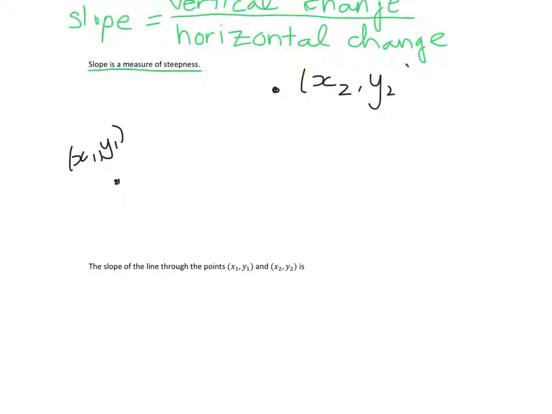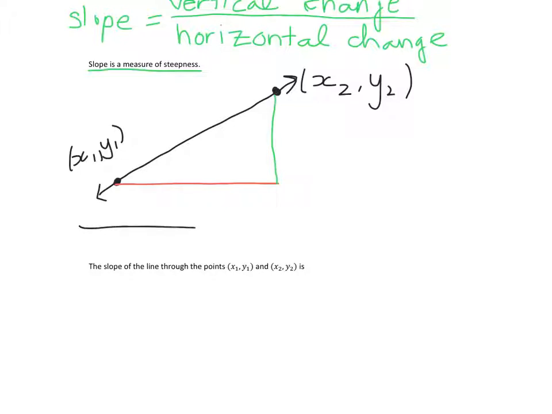Let's draw our line through these 2 points. And again, we're going to look at that ratio of vertical change to horizontal change. And really when we say change, that's just a distance. So we're definitely going to be using our distance formula. If this were on an xy axis, let's impose that right here.